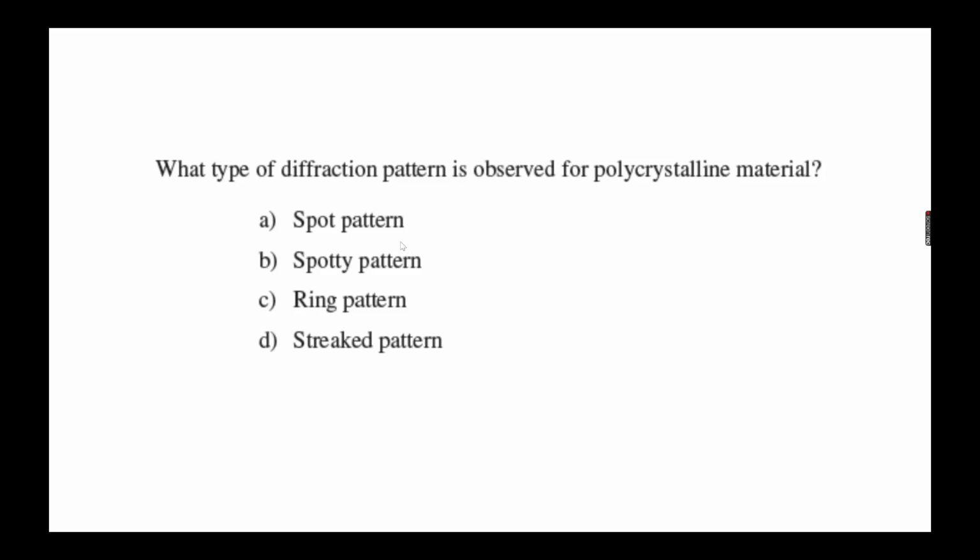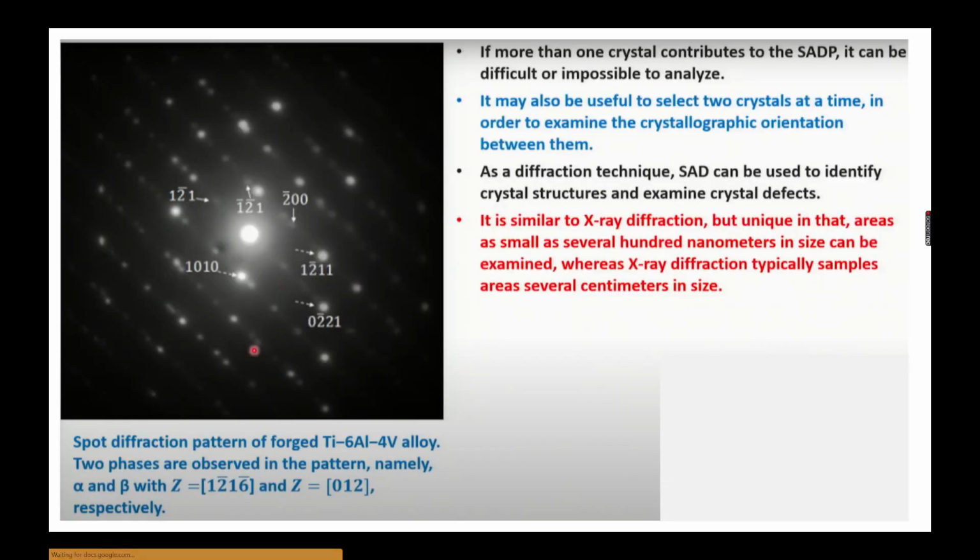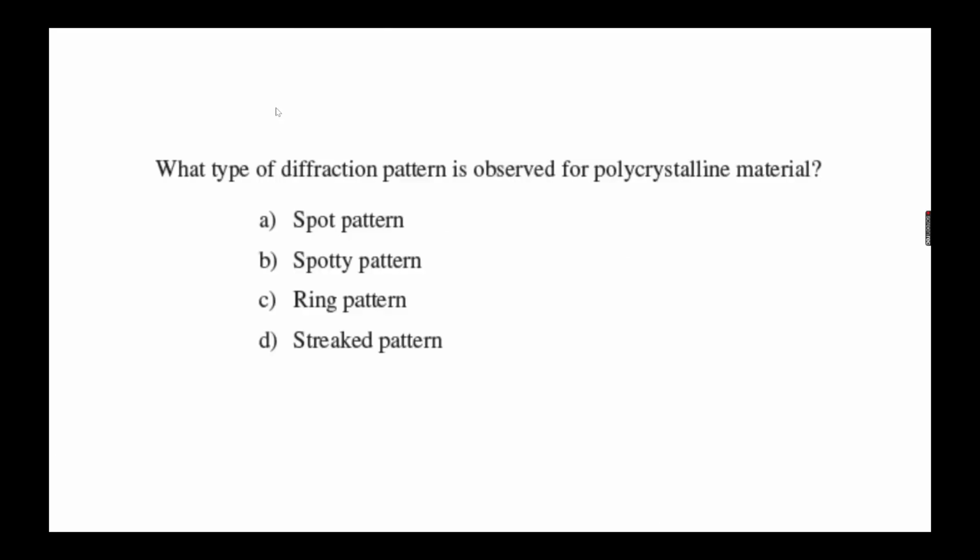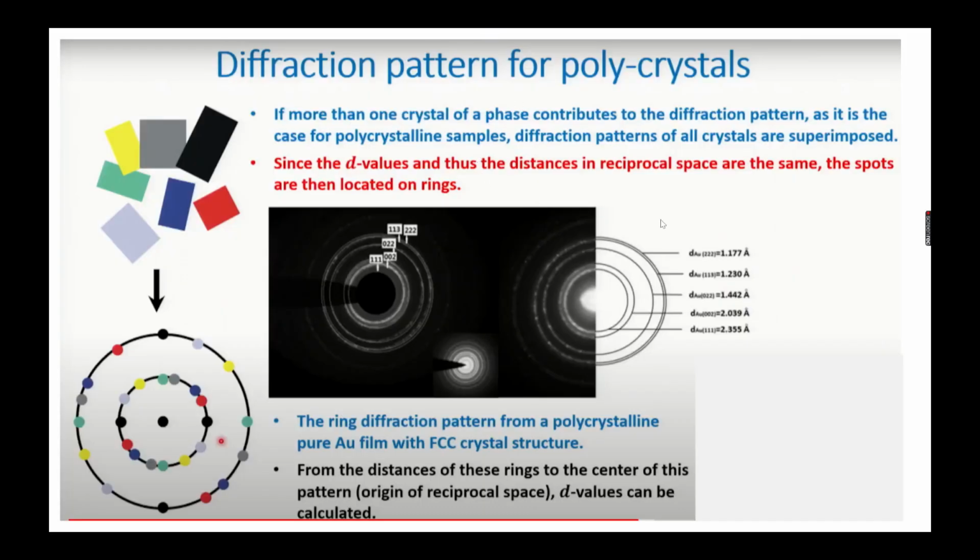You can see a spot pattern, a ring pattern, a streak pattern. When you use a polycrystalline material, you can see some ring kind of pattern occurring.